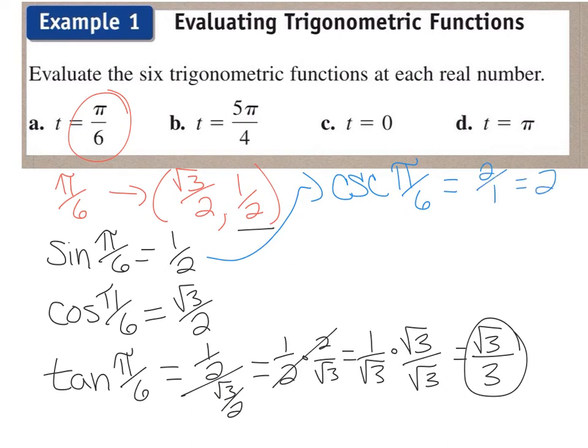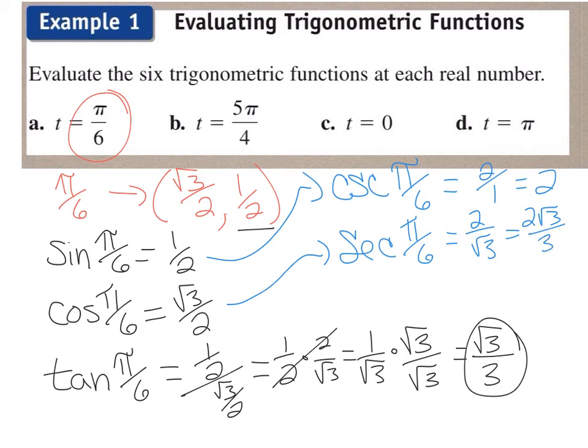Just flip it. The secant, which is the opposite of cosine, is going to be the reciprocal of square root of 3 over 2. So it's 2 over the square root of 3, which if we rationalize that becomes 2 square roots of 3 over 3.